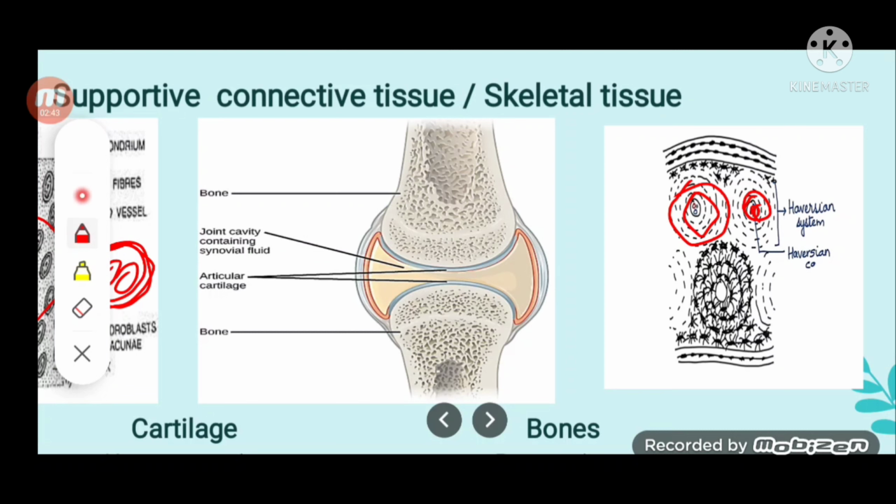So now how are they located together, this cartilage and bones? Here if you look, there is a bone here, and a bone here. In between them the cartilage will be located. This cartilage will be acting as a shock absorber, like they will never allow two bones to rub against each other, like the example of our knee bone.